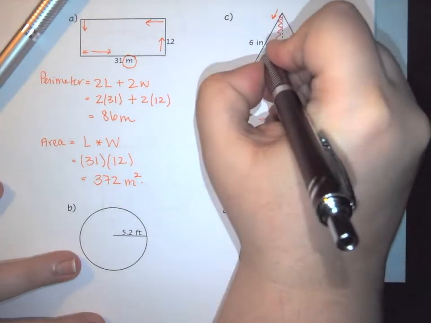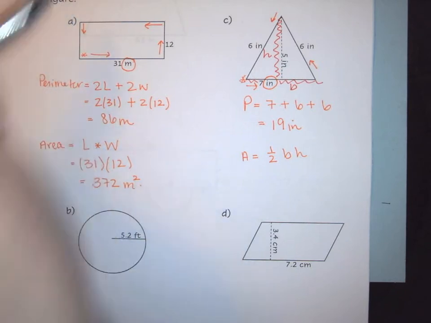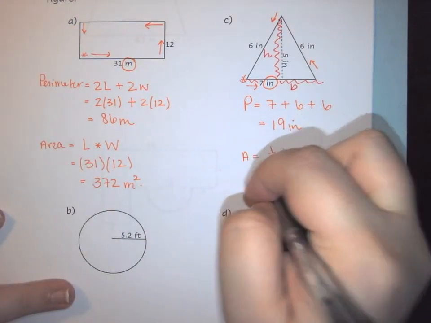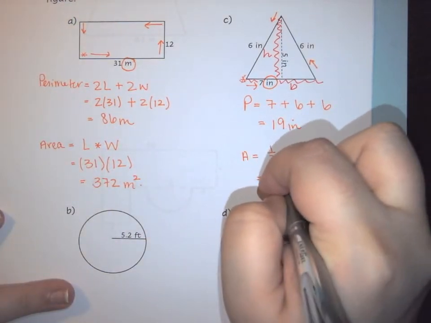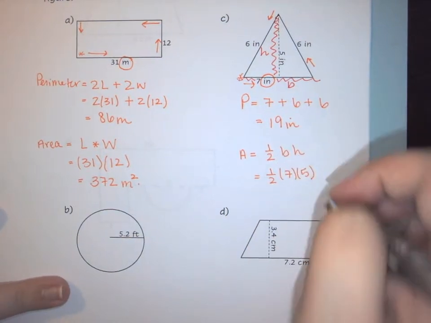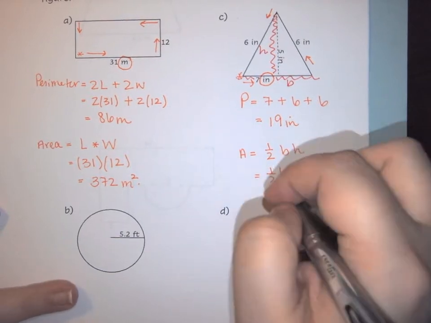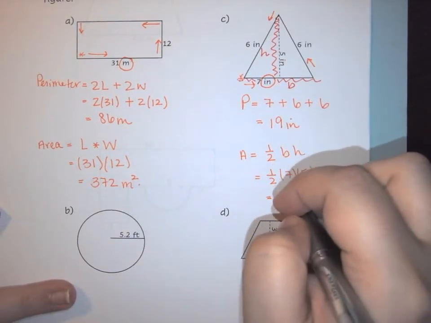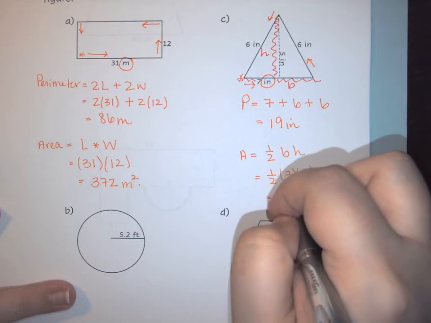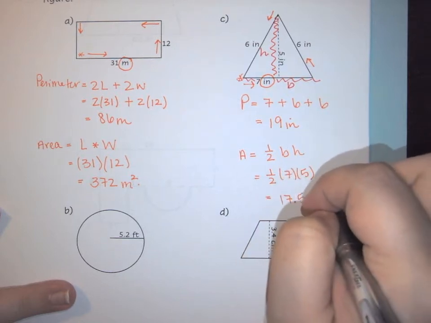So this area right here is going to be your height. With that being said, here we would have your area being 1/2 times 7 times 5, which is going to equal 17.5, and it's going to be inches squared.